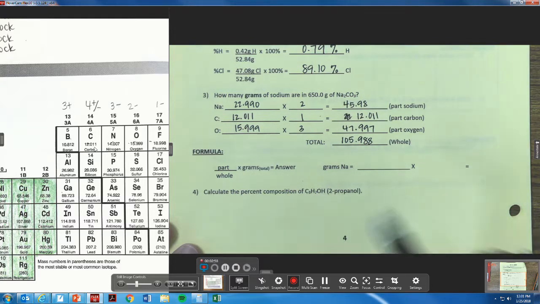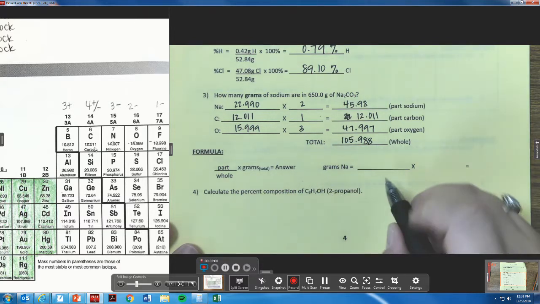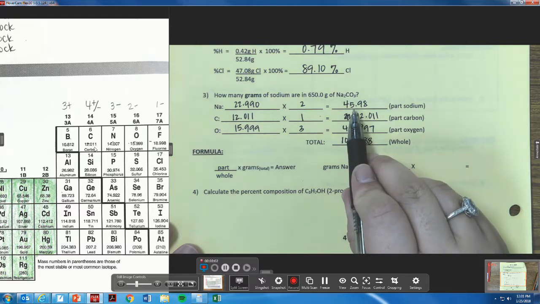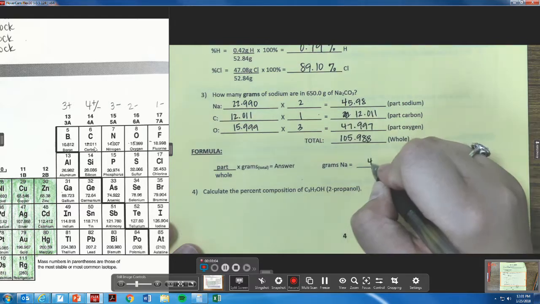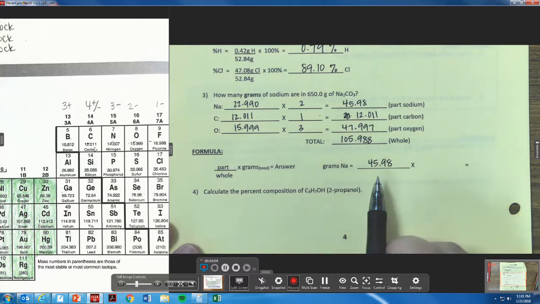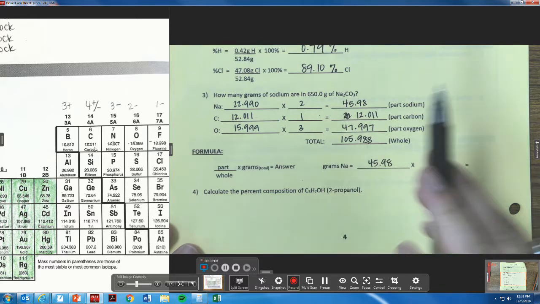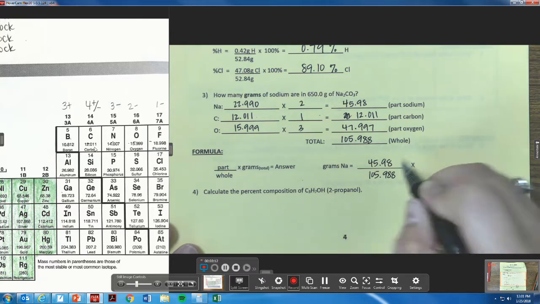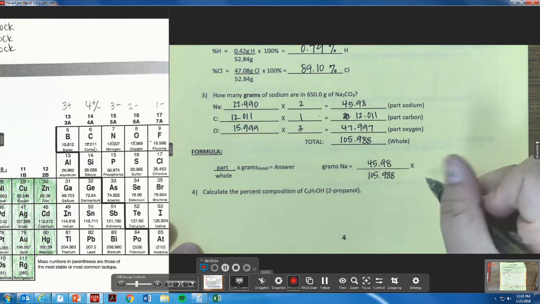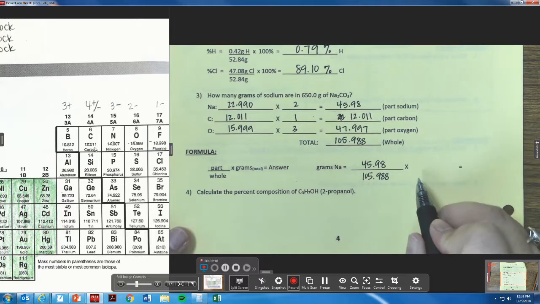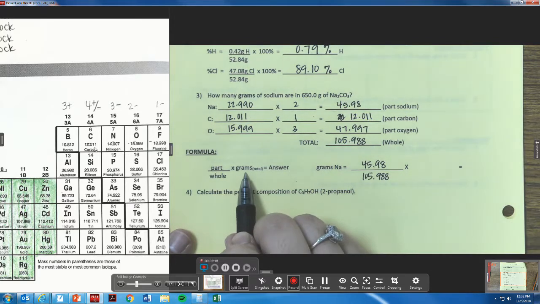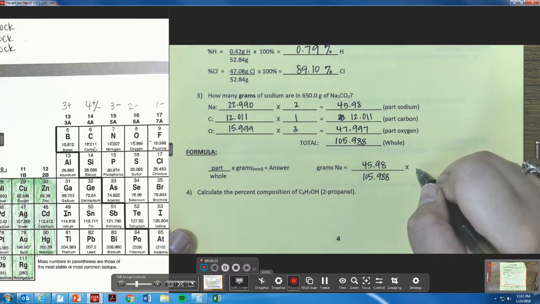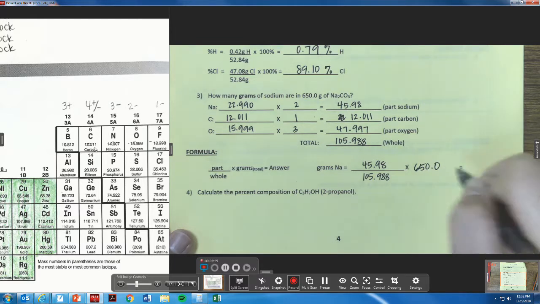If this is our formula, our part for sodium is 45.98, and our whole for sodium carbonate is 105.988. Then we multiply that by our sample, which is 650 grams.